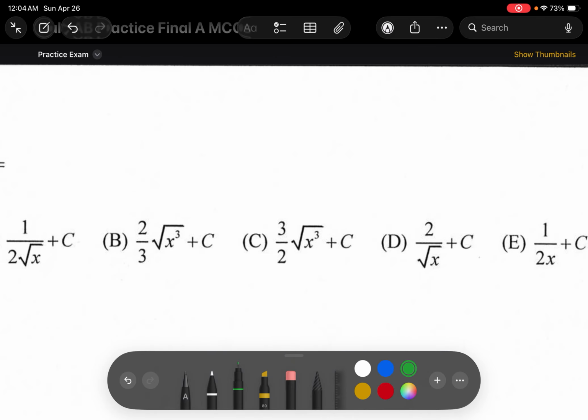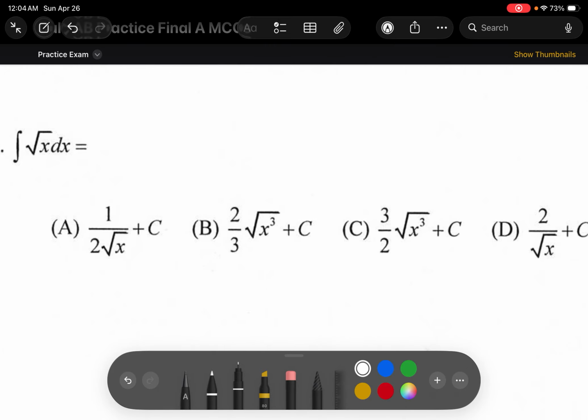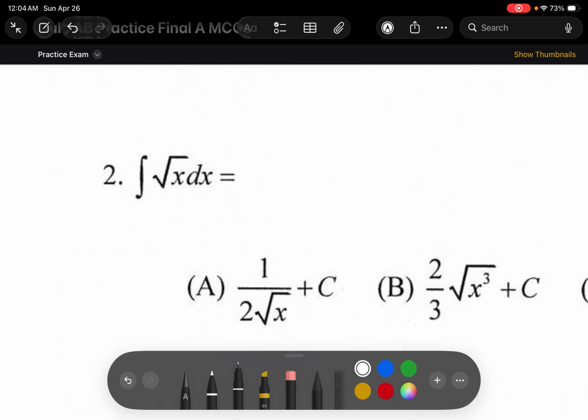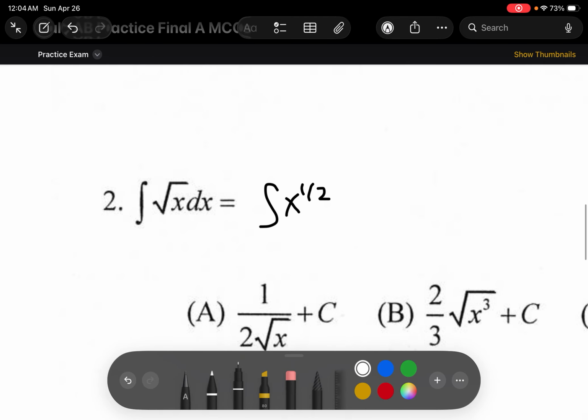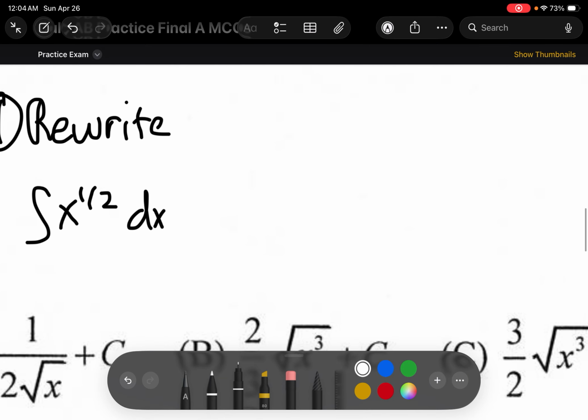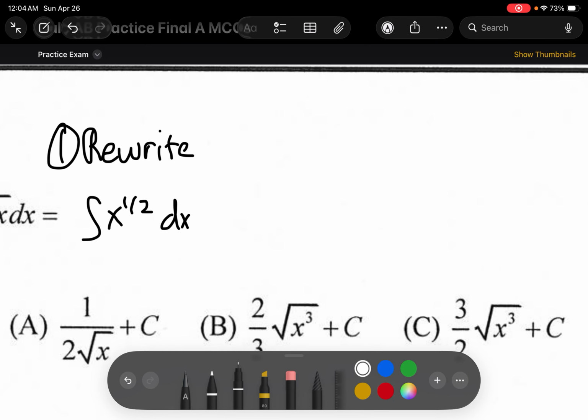Number 2 is one of your integrals. So what we could do here is rewrite this as x to the 1/2 dx. And then next, we're going to do the anti-power rule.